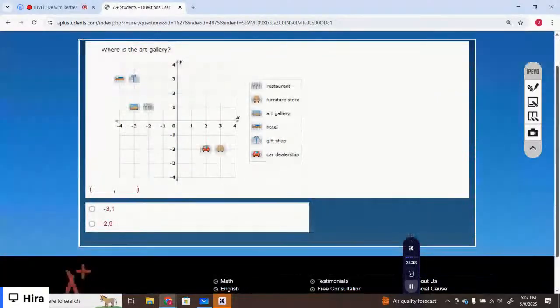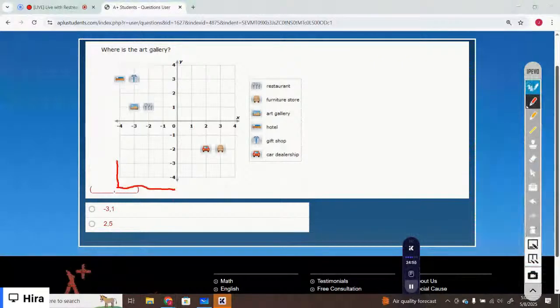Where is the art gallery? So the art gallery is at -3, 1.